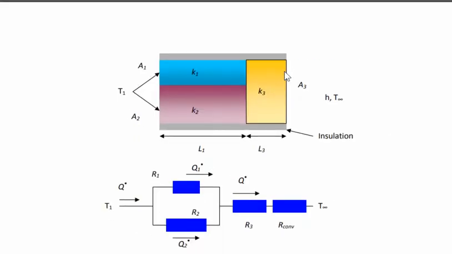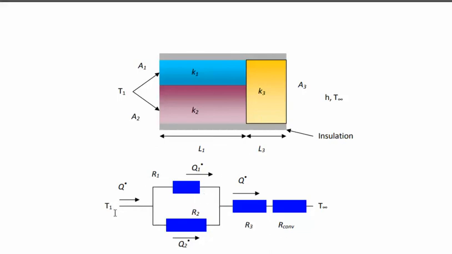This is the diagram in which we have two parallel connections and one series connection. Here we have a conduction process and after that will be the convection process. The complete network will be formed as T1.